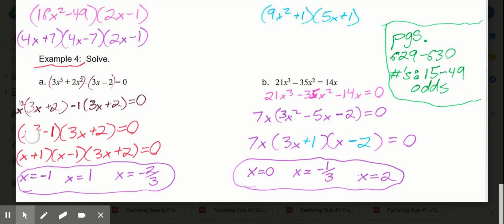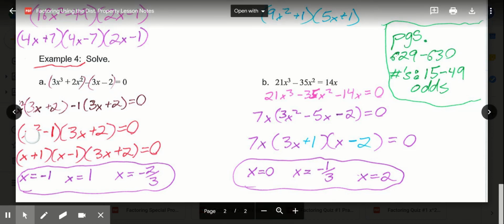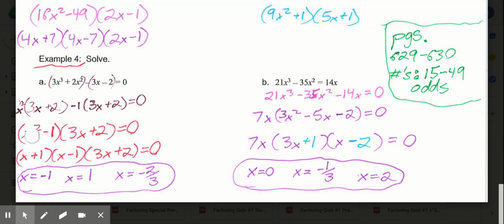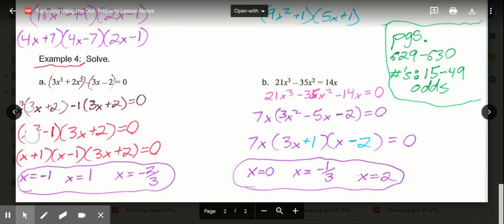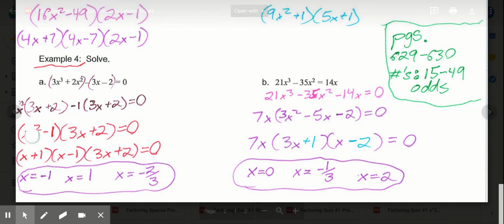So on the outside, we have 7x. Then the first binomial, 3x plus 1, second, x minus 2. So set each of those equal to 0. 7x equals 0 means x equals 0. 3x plus 1 equals 0, x is negative 1/3. And x minus 2 equals 0, x equals 2.